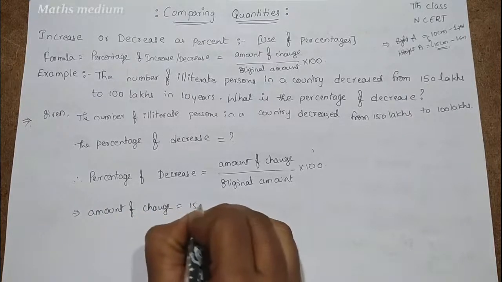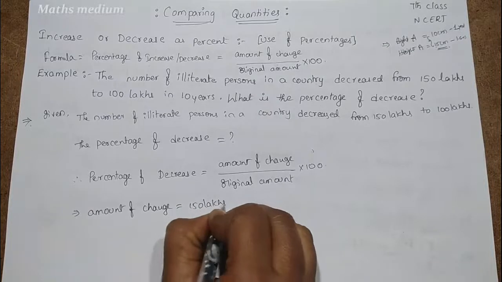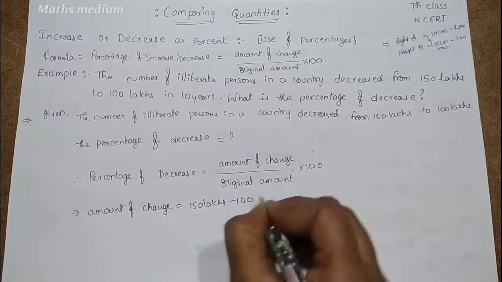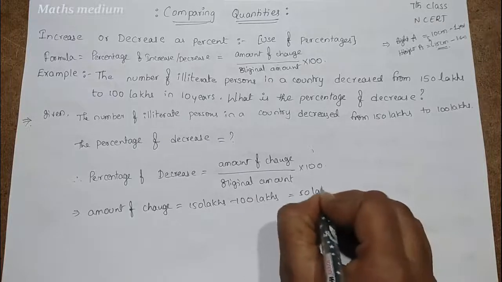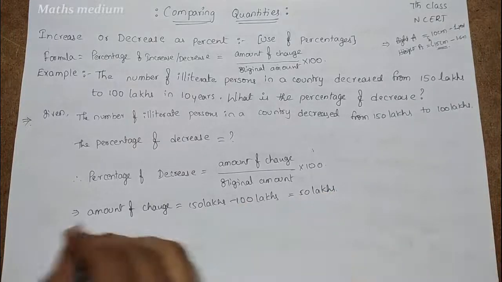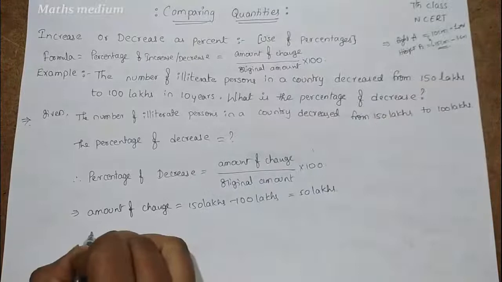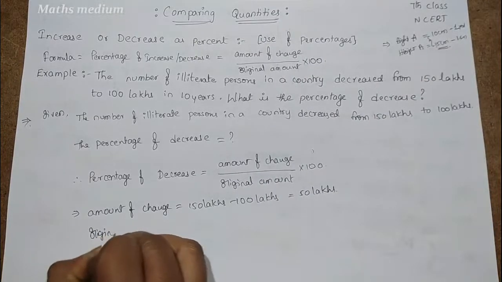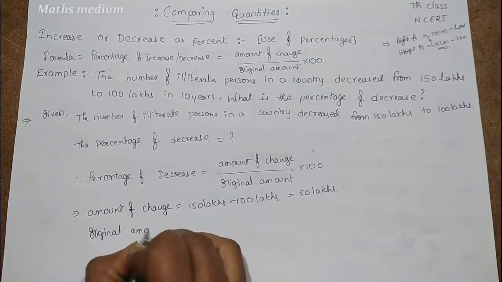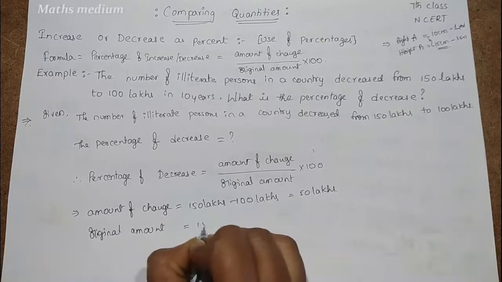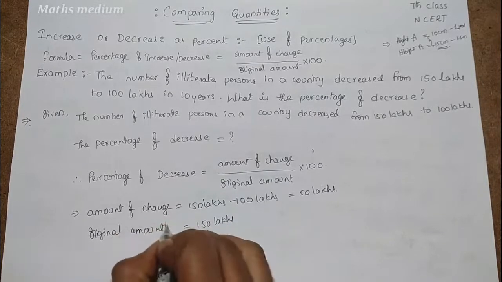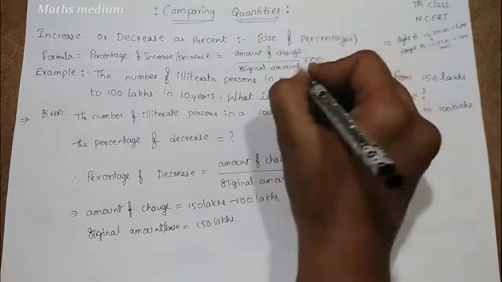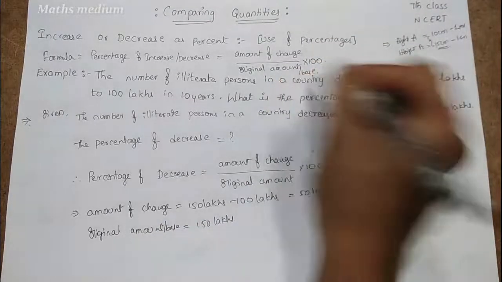Now, amount of change, that is 150 lakhs minus 100 lakhs, right? It means 50 lakhs. Original amount, we know that it is 150 lakhs. Amount means it may be a base or anything, not only a rupee. So here also it is a base.